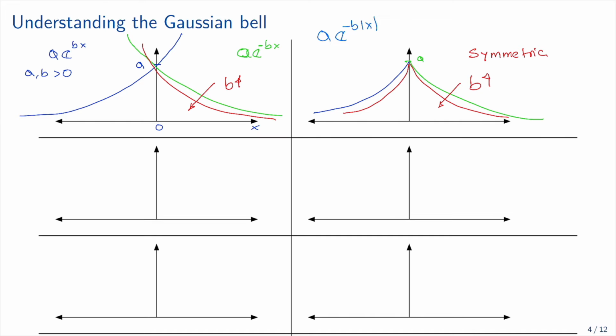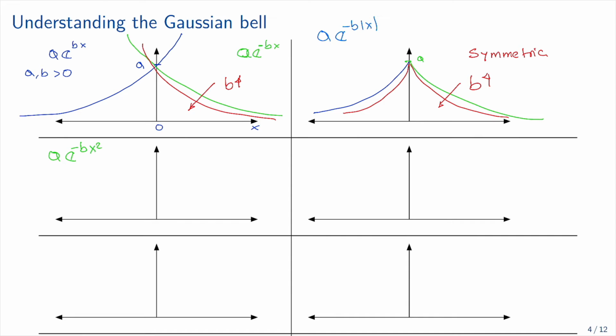Now let's keep with the same idea, but instead of absolute value of x, I'm going to put x squared. So our function is a multiplied by e to the minus b x squared. So in a way it's similar to this, but now it's going to be like a quadratic approach to this point.